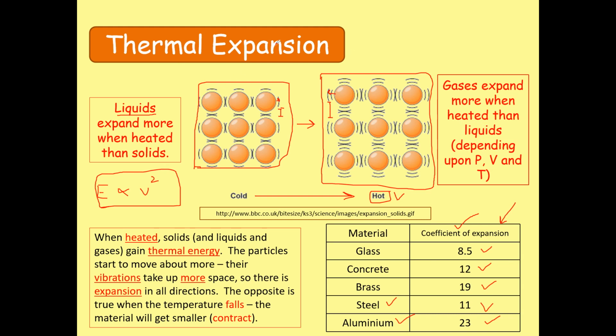So if I discuss the rate of expansion, then I say that gases expand more than liquids, and liquids expand more than solids, right? So this is how the hierarchy of expansion works. Gases expand the most, liquids expand quite a lot, but solids tend to expand a little bit less as compared to the previous two, right?